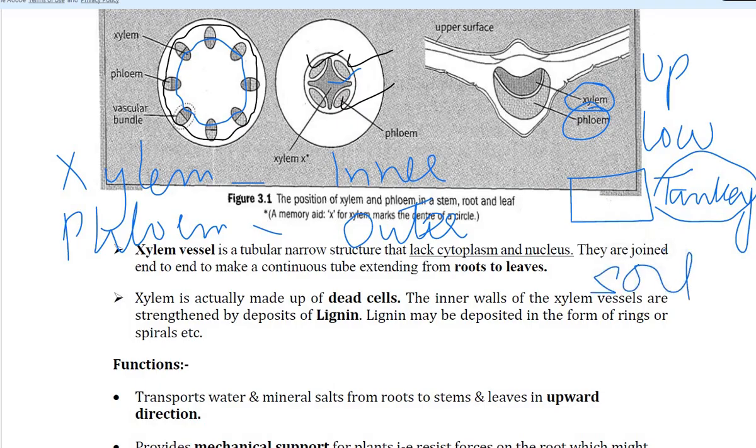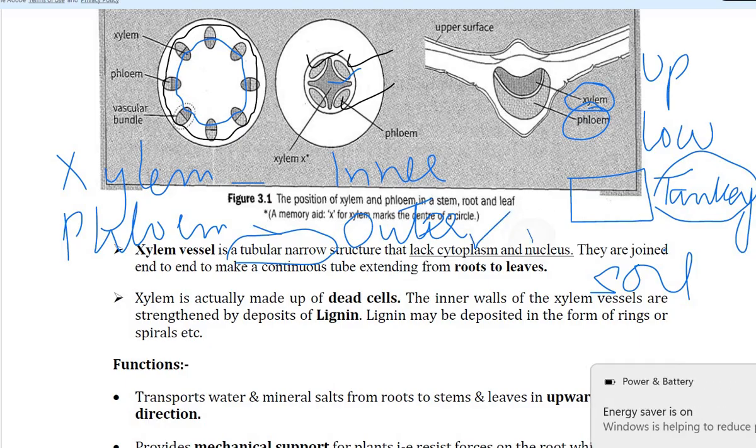And the xylem vessel is the tubular structure that transports the water and dissolved ions from the soil, then to roots, then to leaves, and all other parts of the plants. The important part of xylem is that it lacks cytoplasm and it lacks a nucleus, so that more space is available for the transportation of water and ions.